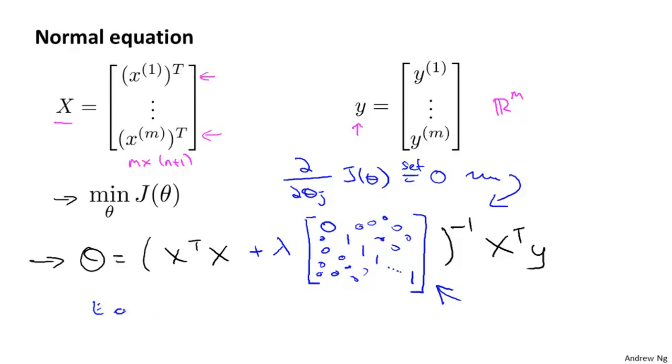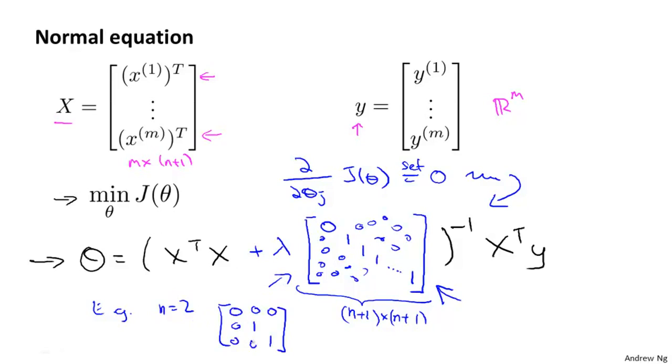As a concrete example, if n equals 2, then this matrix is going to be a 3 by 3 matrix. More generally, this matrix is an n plus 1 by n plus 1 dimensional matrix. So if n equals 2, then that matrix looks like this: 0, and then 1s on the diagonal, and 0s on the rest of the off-diagonals.